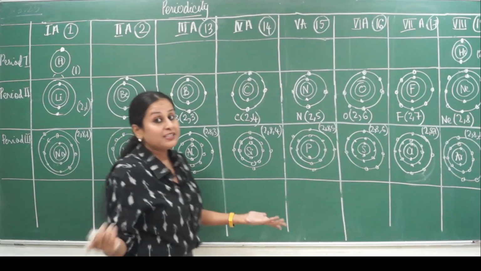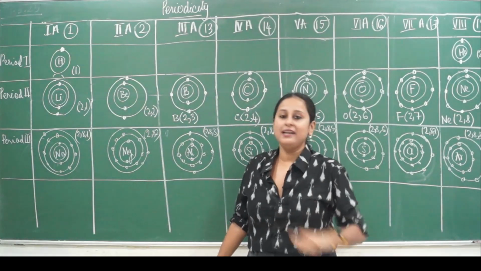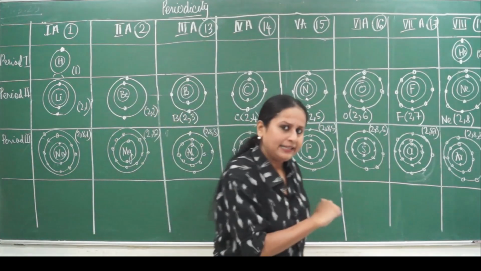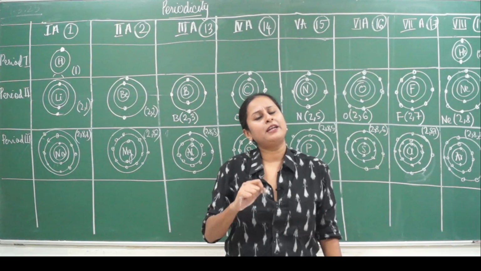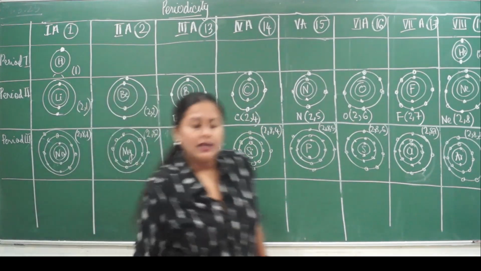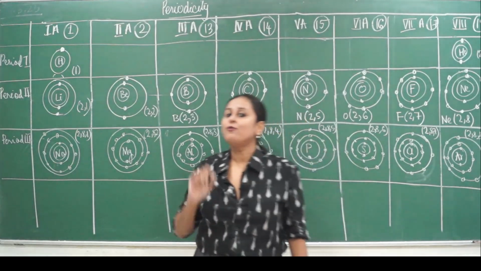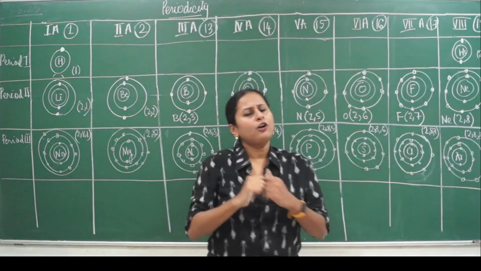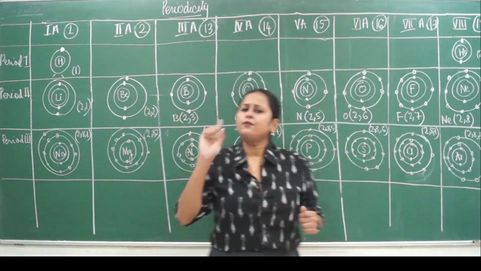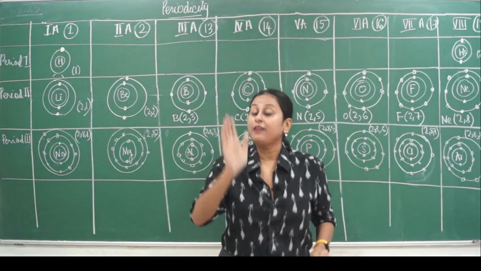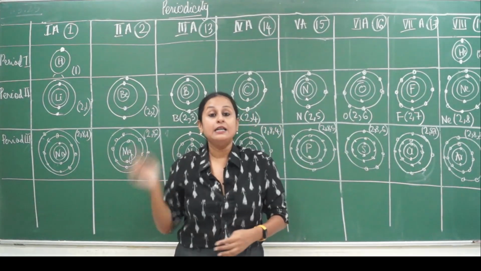So let us come to our last period, just last 2 elements remaining, potassium and calcium. Potassium's atomic number is 19, calcium's atomic number is 20. Before we begin, let us discuss quickly how the electrons will be arranged. For atomic number 19, the first shell will have 2, the second shell will have 8, how many are we left with? 9.